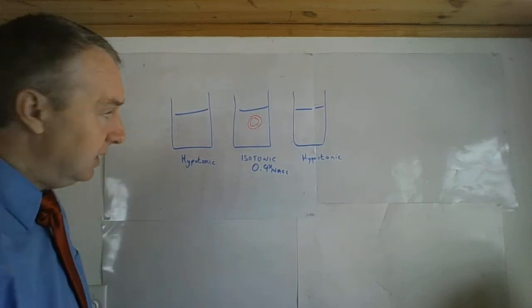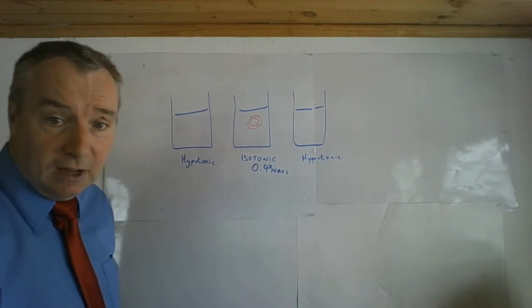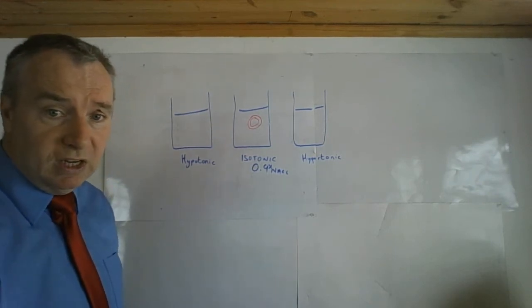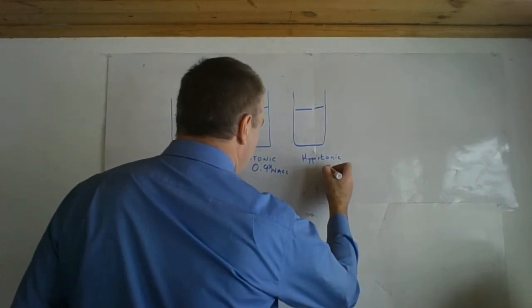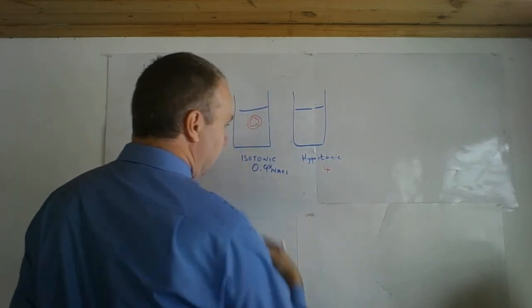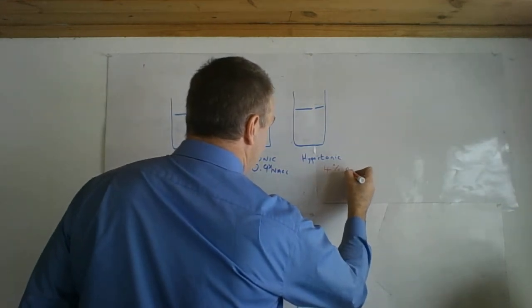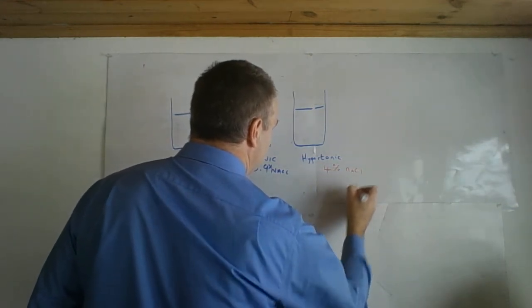Now let's say we put the same cell into hypertonic, which could be quite salty. Let's say it's 4%. So that's 4 times this, 4% NaCl, so 4% salt.